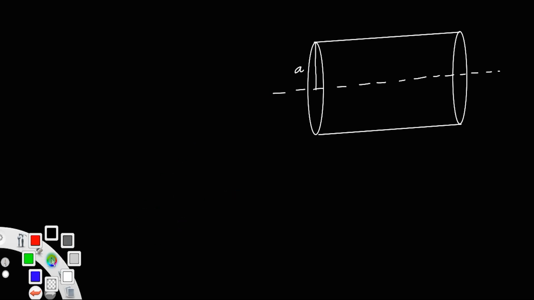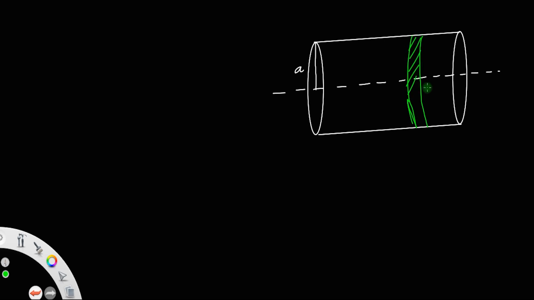Let this be the axis of the solenoid. Let the radius of the solenoid be A. Now let us consider a thin strip of this solenoid somewhere on the solenoid like this.